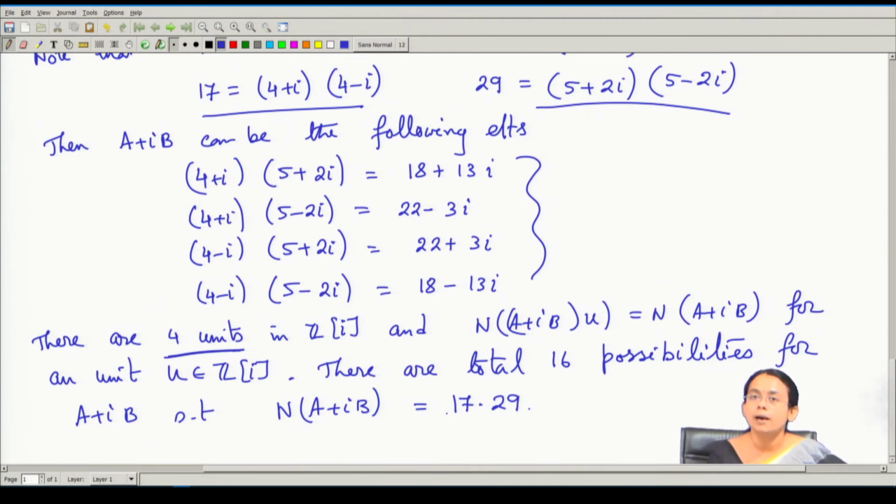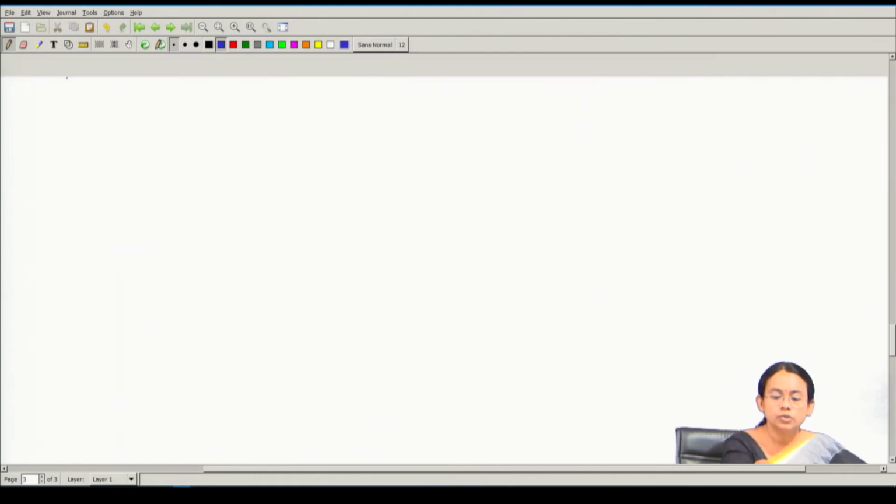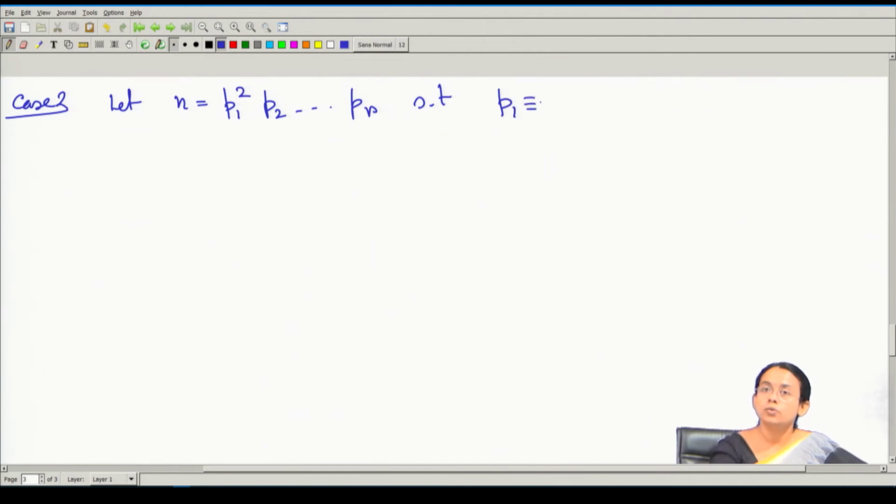Now, we will see what happens if some of the primes are congruent to 3 mod 4. In that case, in which situation can we write the integer as a sum of 2 squares? So, let us see. Suppose case 2, here I am writing n as p1 square into p2 into pr such that p1 is congruent to 3 mod 4 and the rest of these pi's are congruent to 1 mod 4.